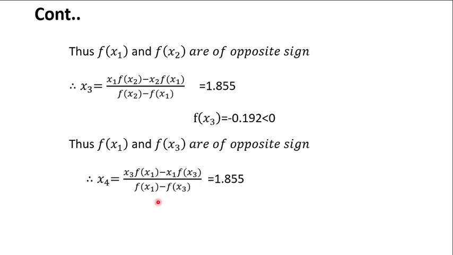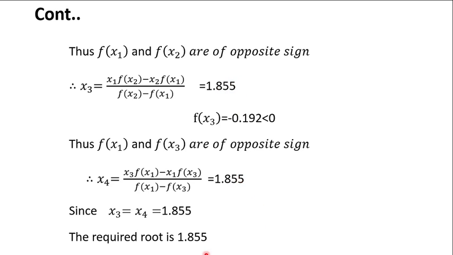Now comparing with the previous iteration, that is, the successive terms, x4 compared with the last one, x3, we get the same value 1.855. Therefore, 1.855 is the required root and the solution for the given equation.